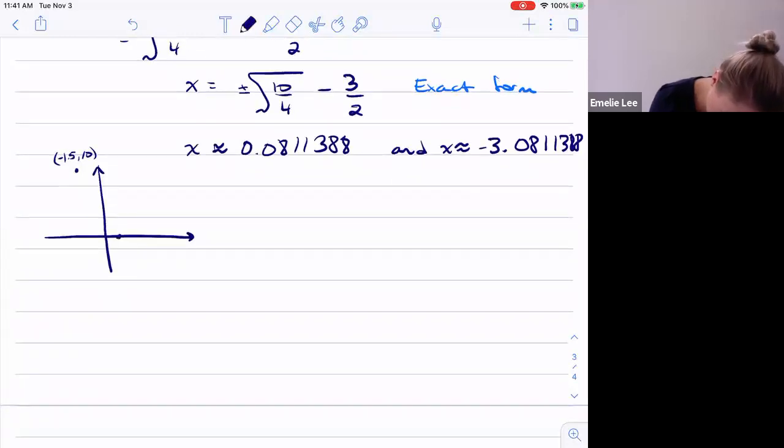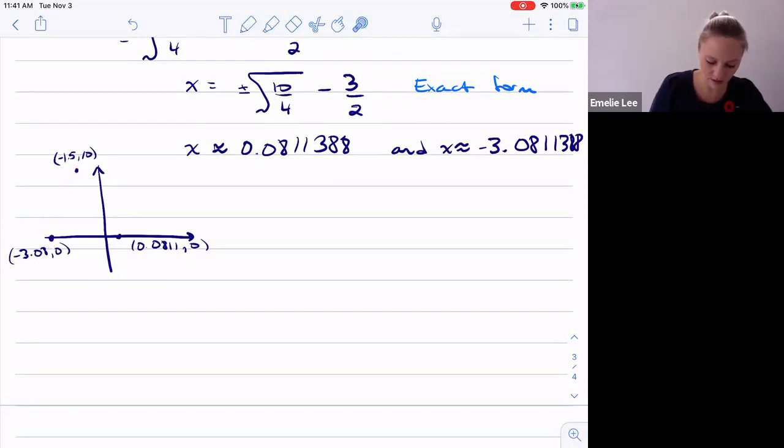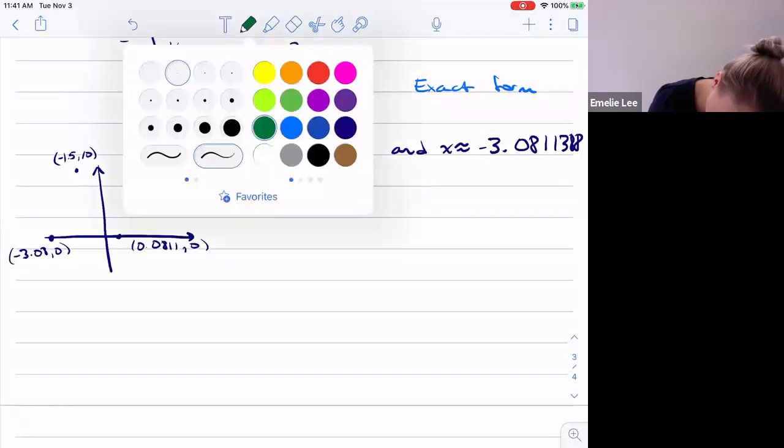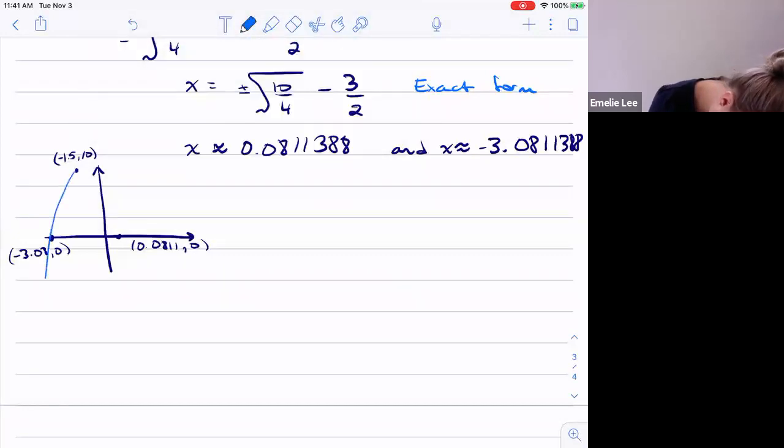Then here at roughly 0.081, and here at negative 3.081. It's going to have this kind of curved form, and so now we can sketch it already. Something like that.